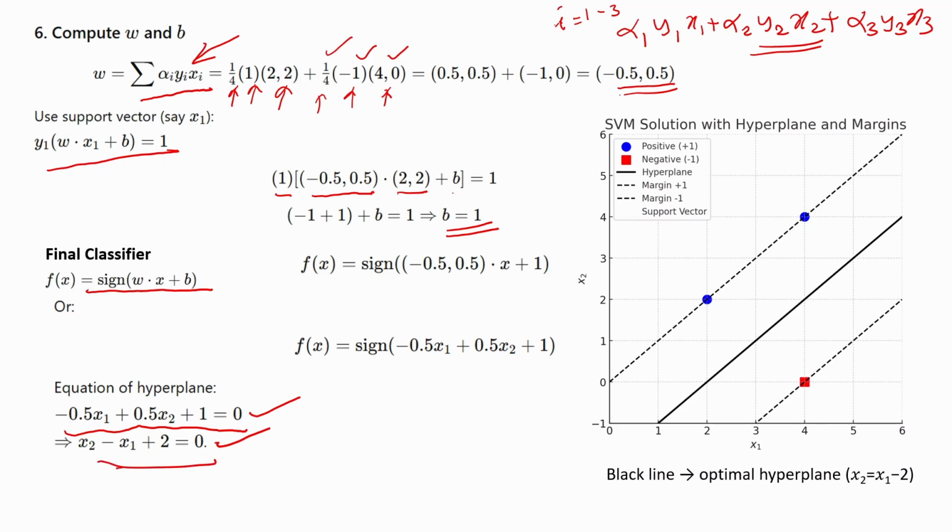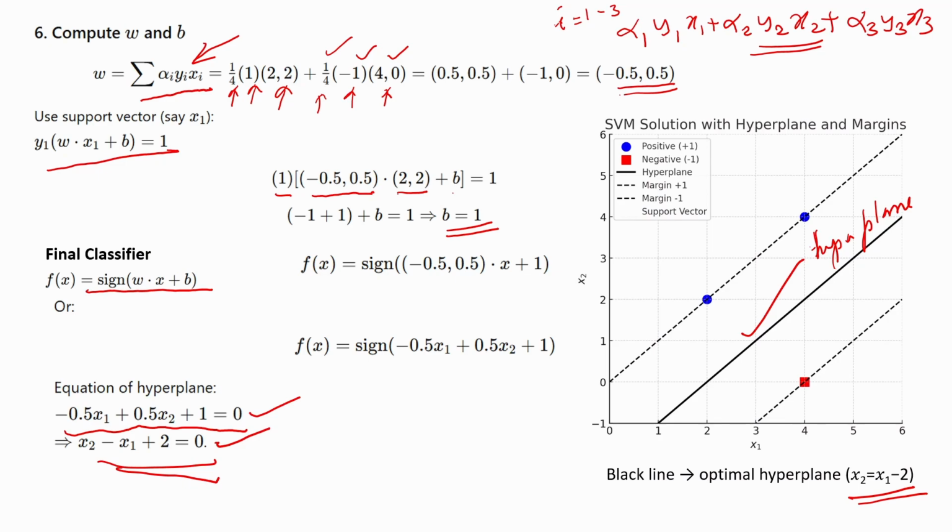This is nothing but the equation for the hyperplane. So we can plot it. Plotting the equation, we are getting this as the hyperplane, and these are the original data points, blue and red. So this one represents our optimal hyperplane.